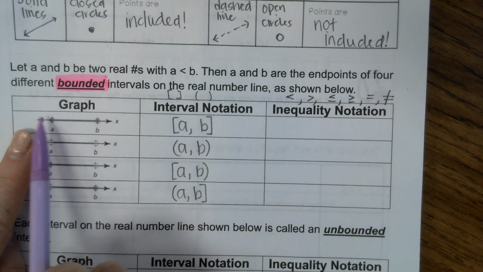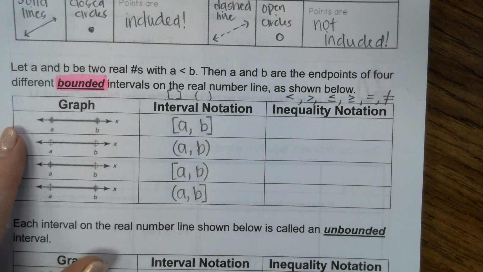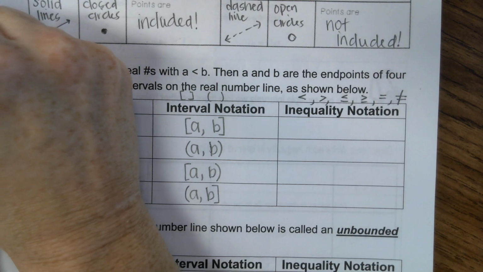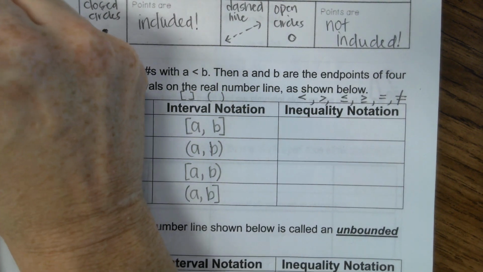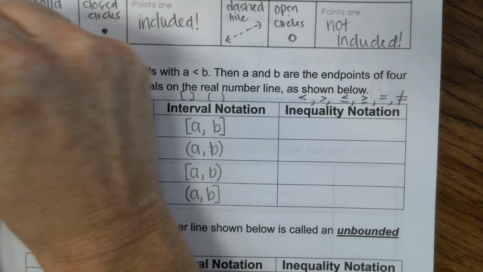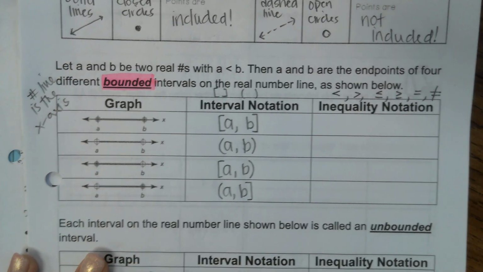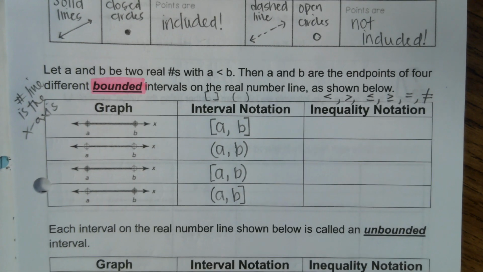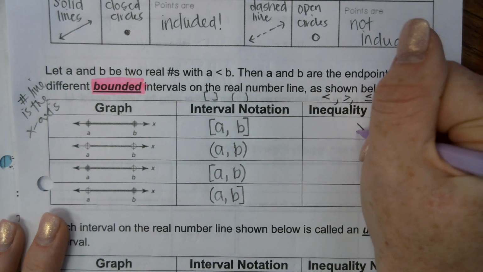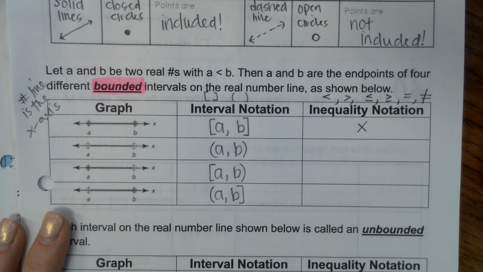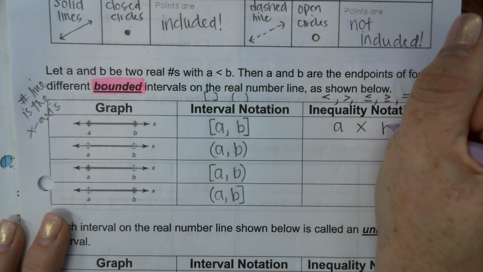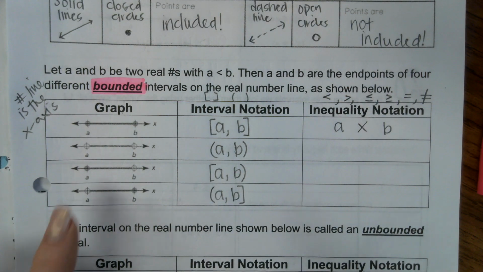Now, my number line is the x-axis. Okay? The number line is the x-axis, and therefore all of this deals with the x values. Okay? So I'm going to put x right here in the middle, and on either side of my x value is a and b.